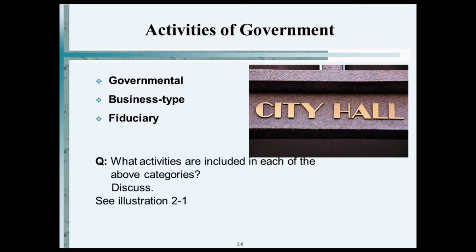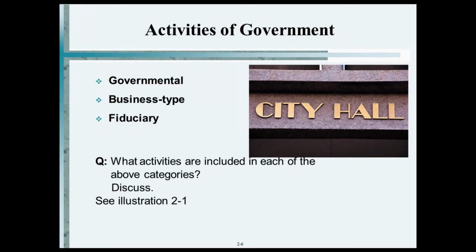And finally, the fiduciary activity. Now, we talked about this. What are these types of activities? What does it mean to be a fiduciary? You gave me the ultimate answer, which is pension.